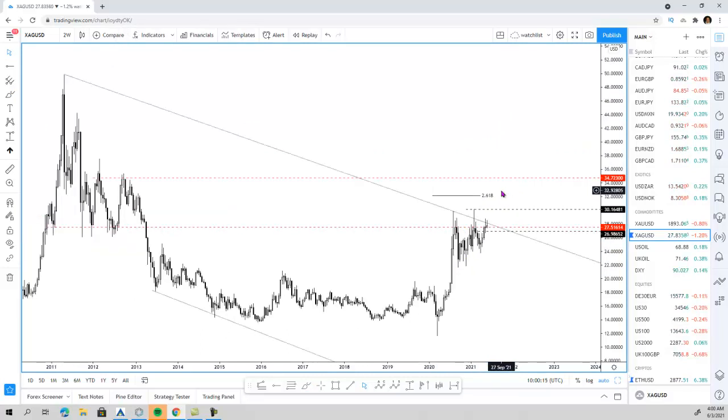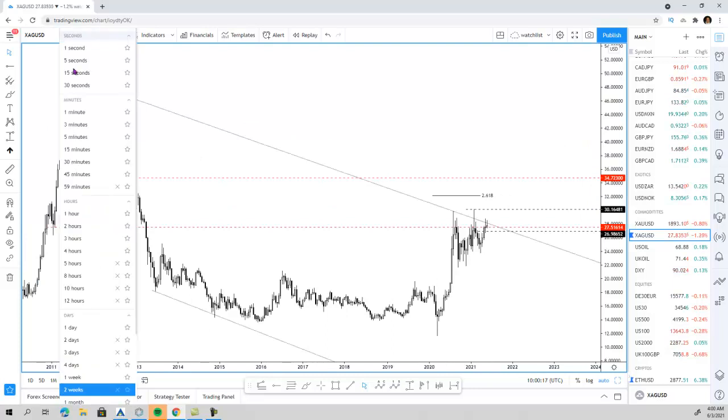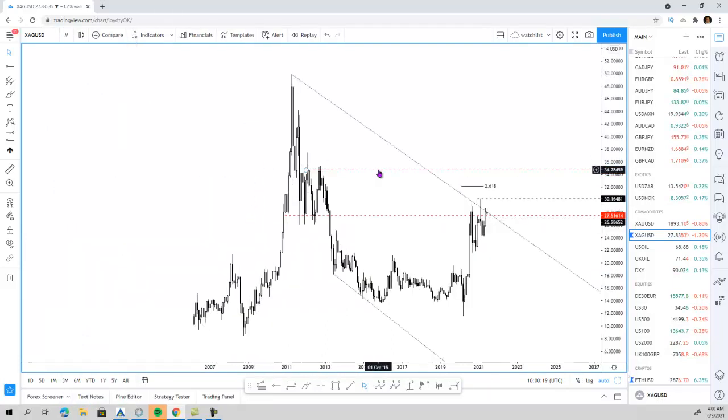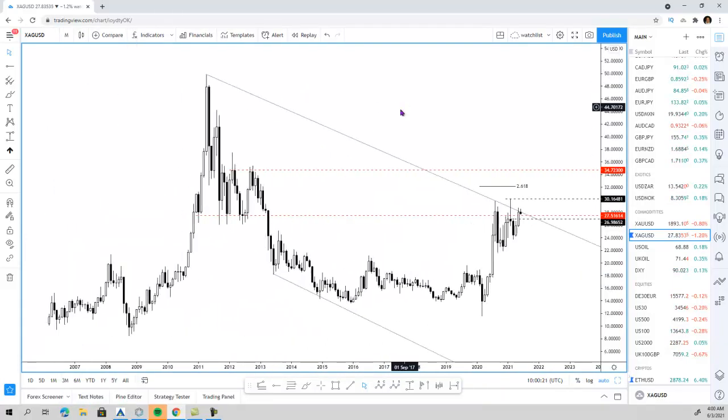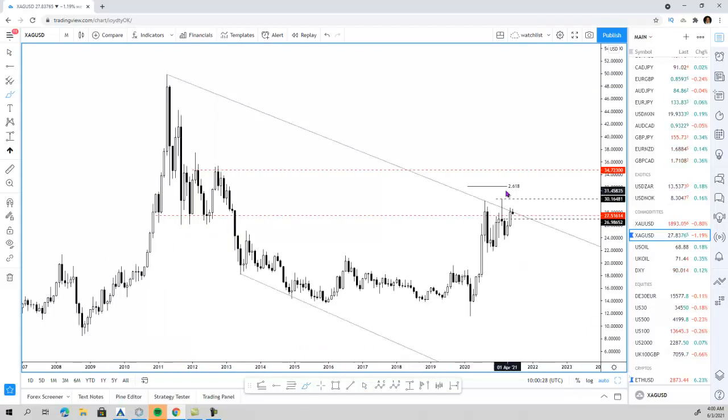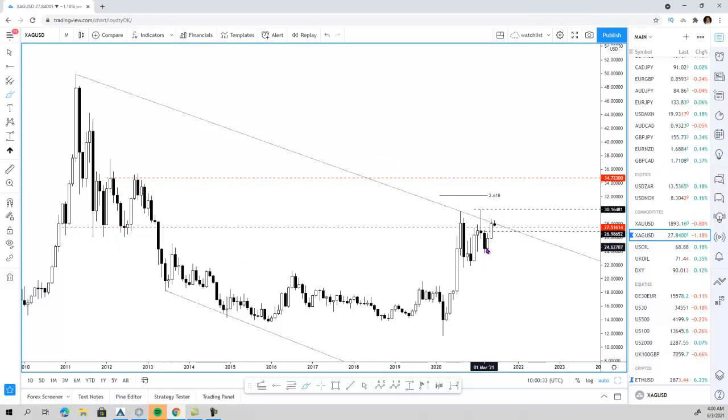But if you look at what's going on, I'm going to show you the monthly again. If we look at this base right here on the monthly, this massive base, and this is the candle that I was talking about, right? If you look at the last monthly candle, it closed above that base, right? So this tells us that price has stabilized above this previous base.